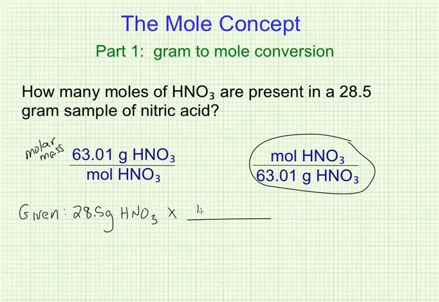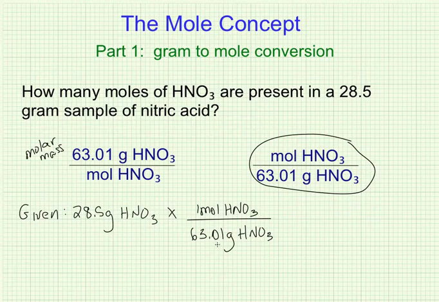Now it is important that I have the 1 mole of nitric acid in the numerator, and I need to put the 63.01 grams of nitric acid in the denominator. Now from a math standpoint, since the grams is in the numerator and the grams of nitric acid is in the denominator, those two units cancel out, leaving me with just moles of nitric acid.